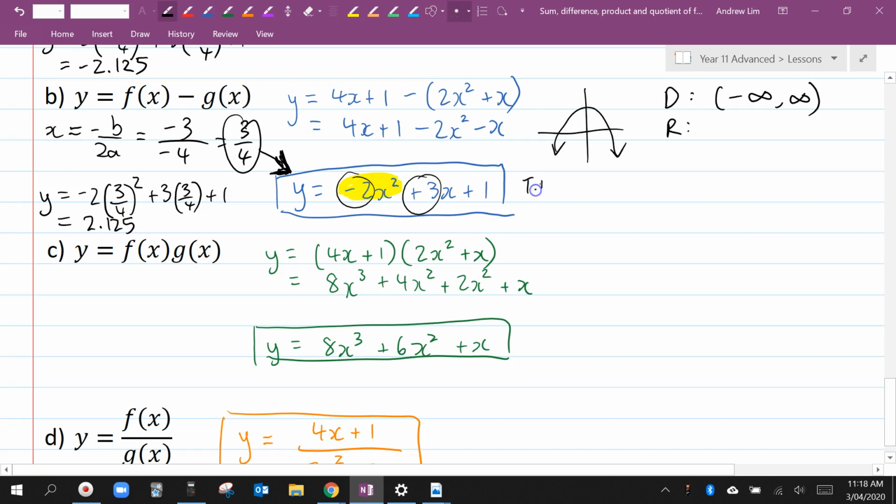So that means the turning point of this is 3/4, 2.125, which means that the maximum point is 2.125, which means we're going from negative infinity all the way up to 2.125, because that's the maximum, but we include it, so we use the square bracket.